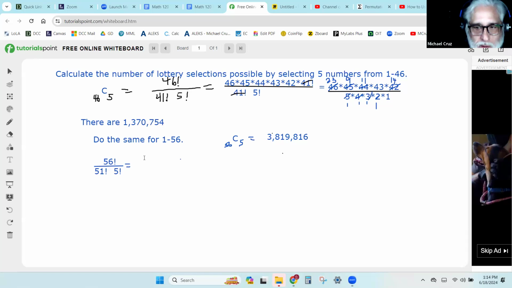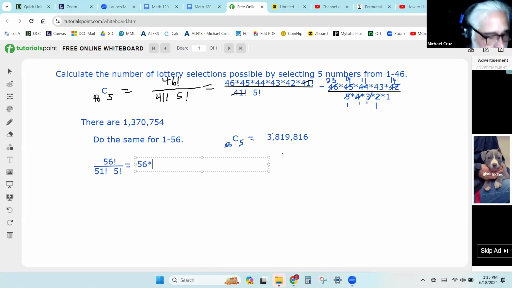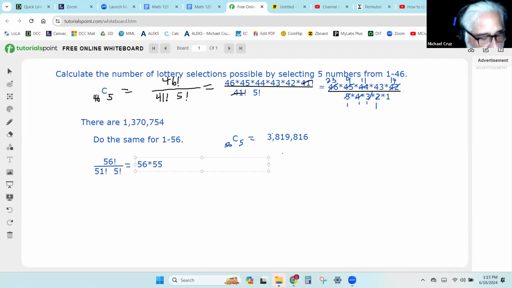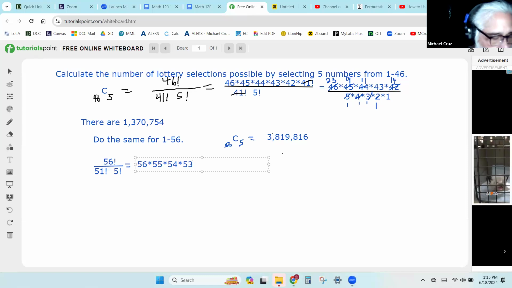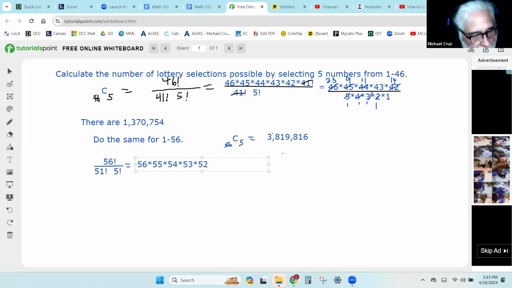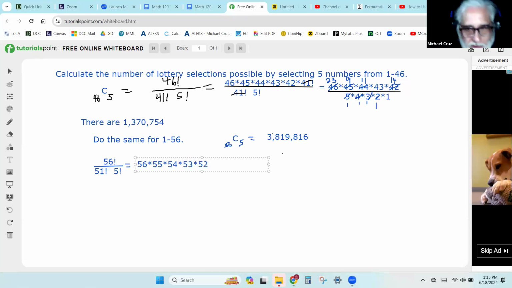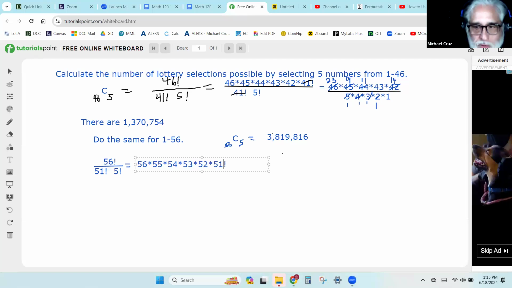We got 56 times 55 times 54 times 53, 52. And that would be it because everything down from 51 on down is gone because of the 51 down there. I'm going to put it here because we're going to show it's getting striked out.